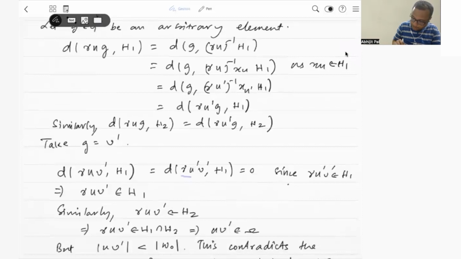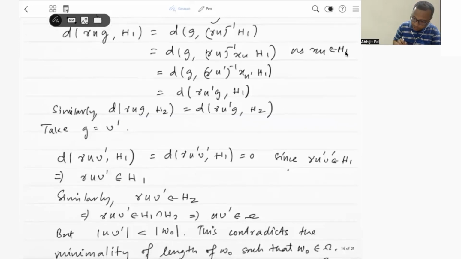And because this element belongs to H1, this distance will be equal to 0. So if I put g equal to v' in this equation, we get this equality, and this distance is equal to 0. This will imply that γuv' belongs to H1.